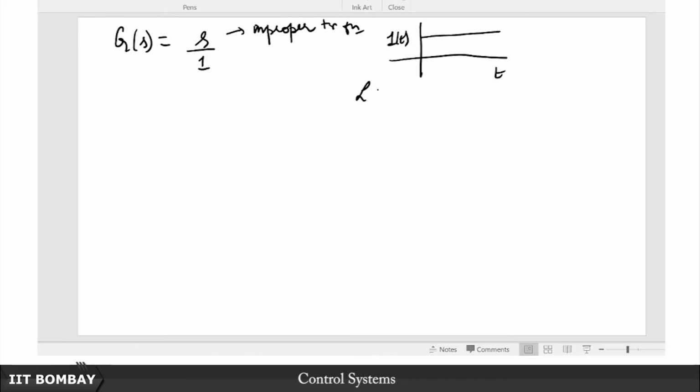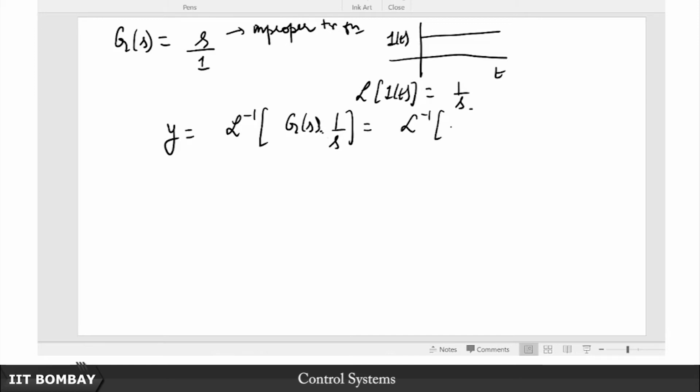We know that the Laplace transform of the unit step is 1 over s. So then what is y? y is the Laplace inverse of G(s) times 1 over s, which is the Laplace inverse of 1, and this we know is indeed the Dirac delta, not to call it a function, the Dirac delta.